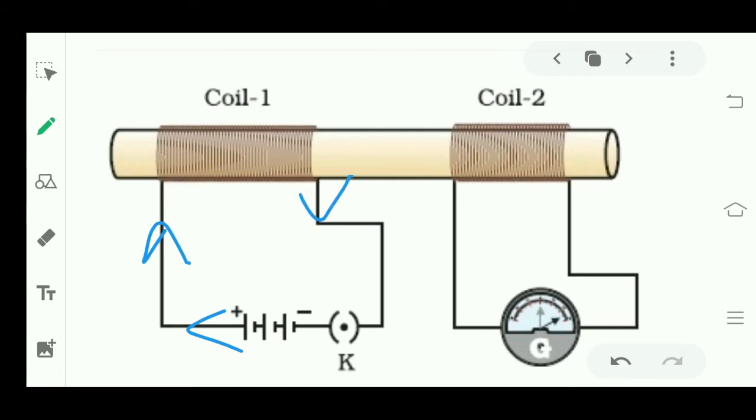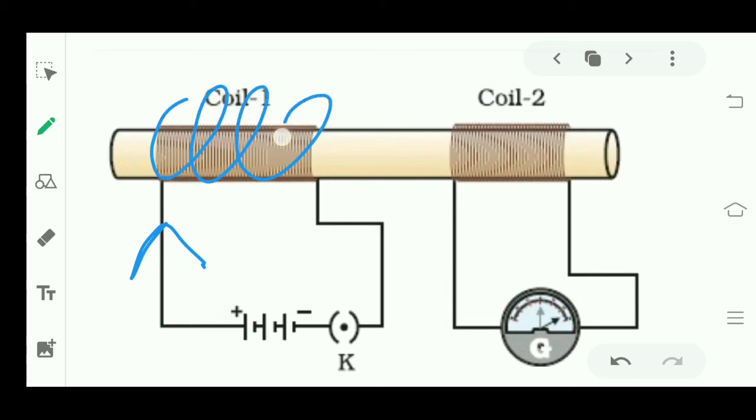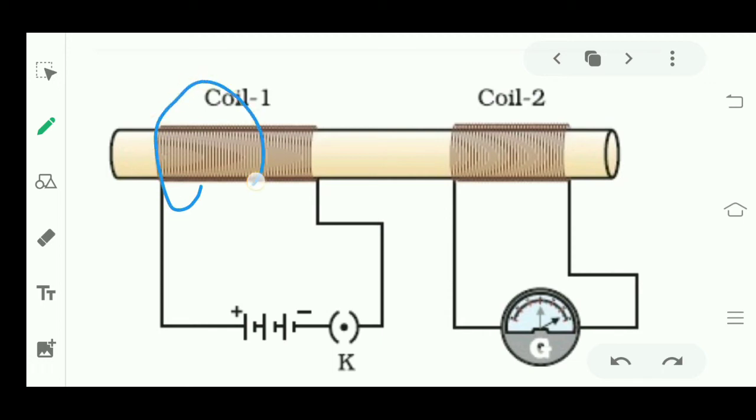And as you know, after current flows in a coil, a magnetic field generates, right? At the start of this chapter we discussed that whenever electric current flows, at that time a magnetic field generates. So here a magnetic field generates, and when we change the current, the magnetic field will also change.